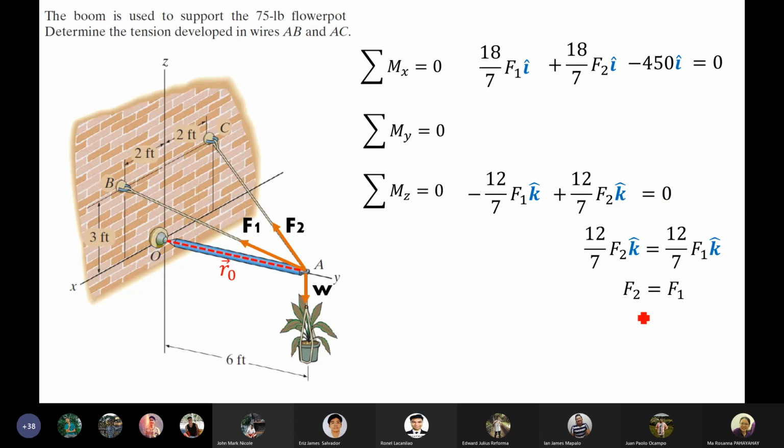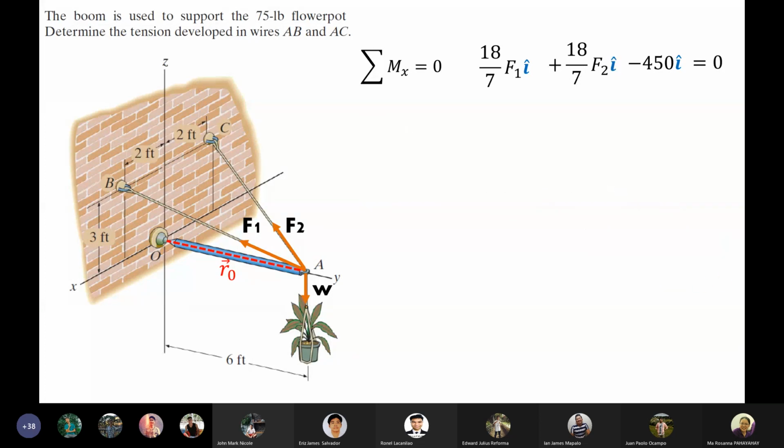Since we have the idea that F2 is just equal to F1, we will try to replace F2 here with F1, since they are just the same. So it will be like this: 18 over 7 F1 I hat plus 18 over 7 F1 I hat minus 450 I hat.